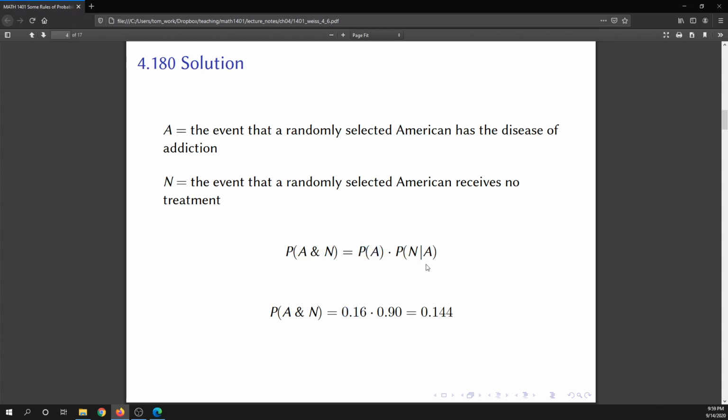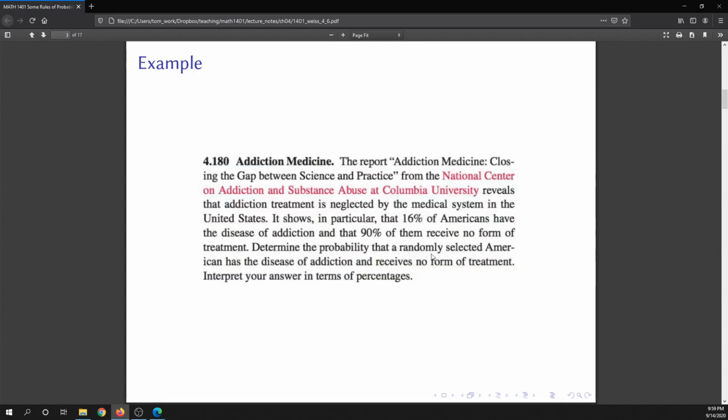Then looking at the other probability that we want, the conditional probability, we want the probability that a randomly selected person receives no treatment given that they are suffering from the disease of addiction. If we go back and look at the statement of the problem, it basically tells us that right there.